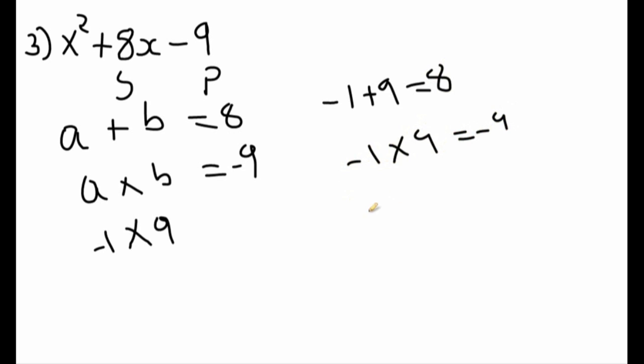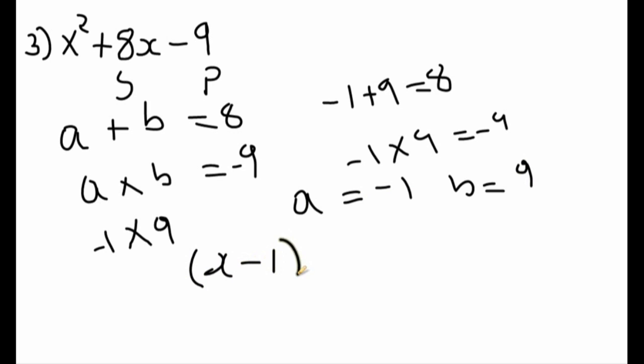So I find my a equals -1 and b equals 9. Once I find those two numbers, I'm done. So my expression is gonna be x plus -1, which is x minus 1, times x plus 9. That's it.